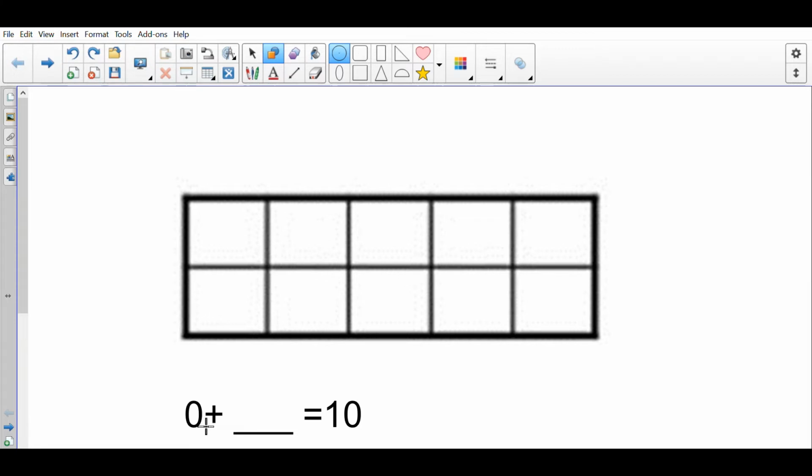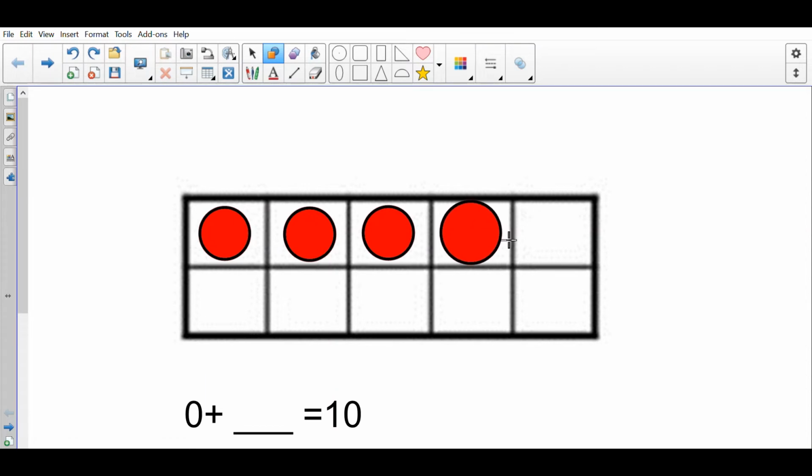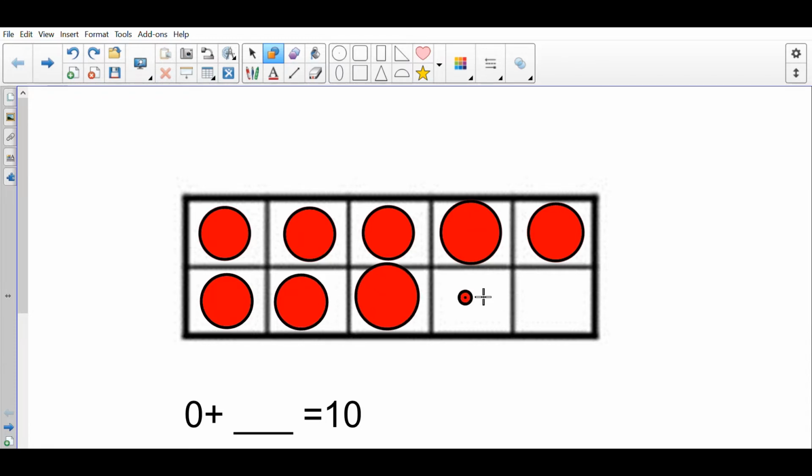So right now we have 0. Let's see how many circles or dots we need to make 10 for our 10 frame. 1, 2, 3, 4, 5, 6, 7, 8, 9, 10.